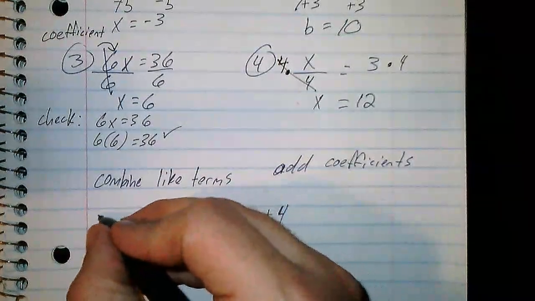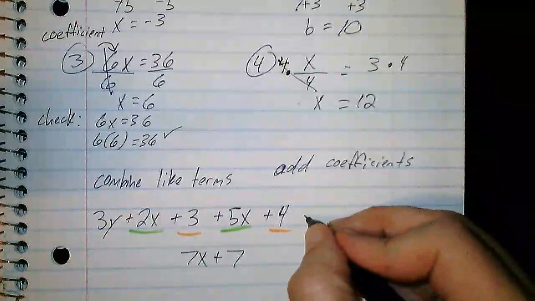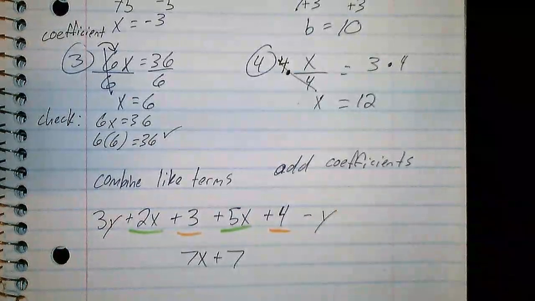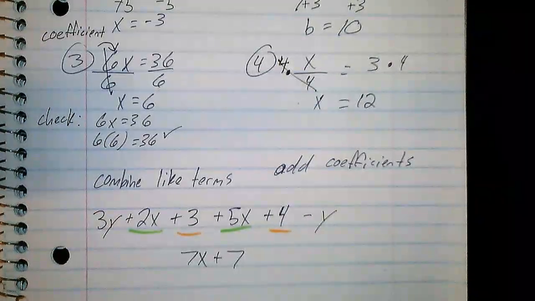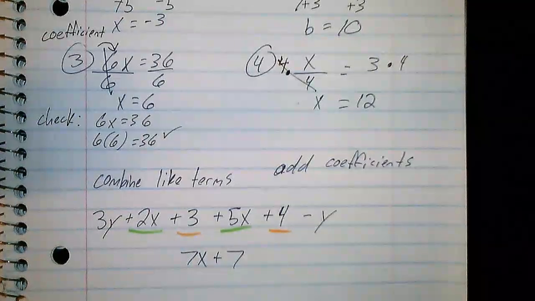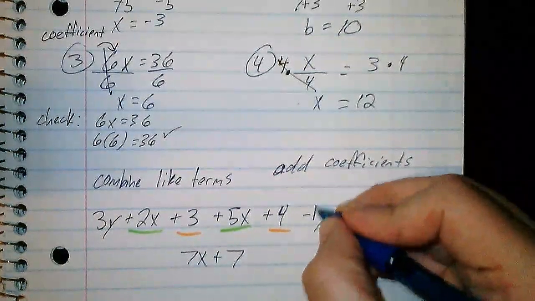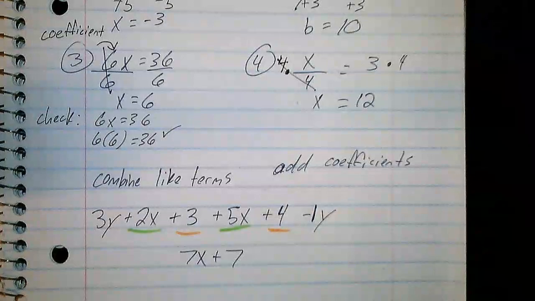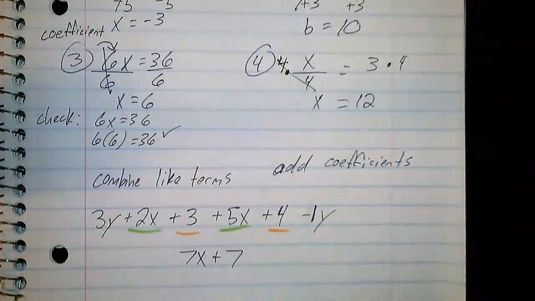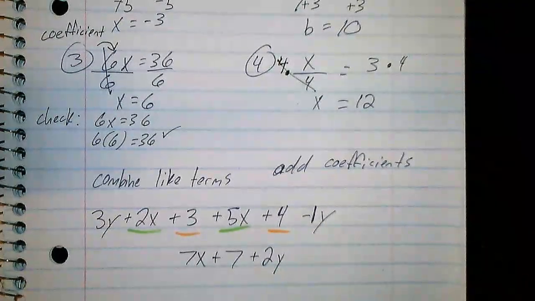If I had something like 3y and let's say minus y, I could not combine a y term with an x term because the variables are different. If it's just minus y, that's the same as minus 1y. So 3y minus 1y, combine those like terms to get a positive 2y.